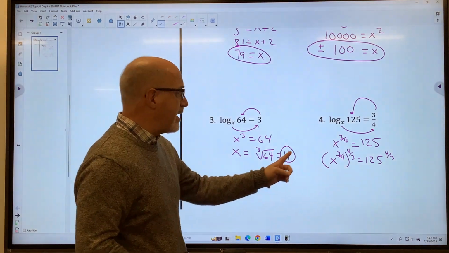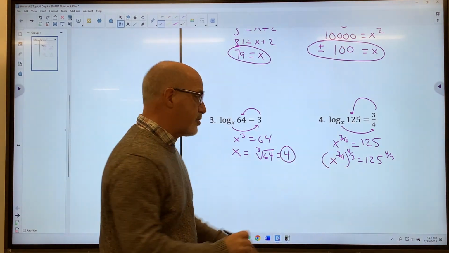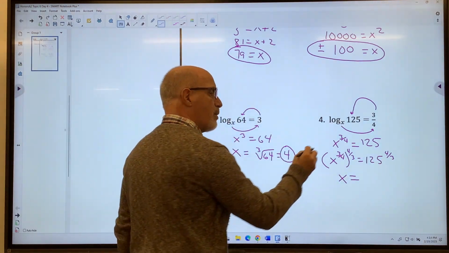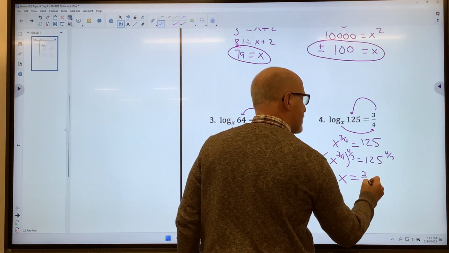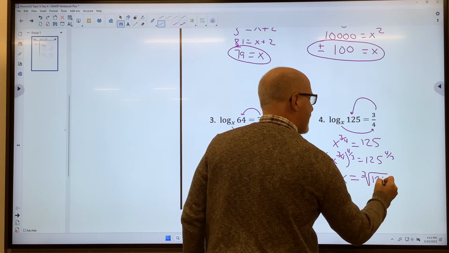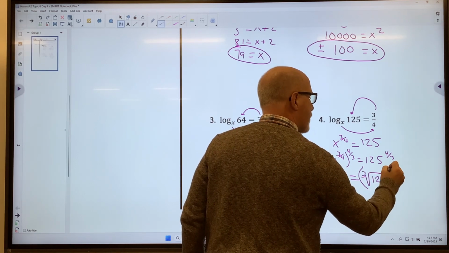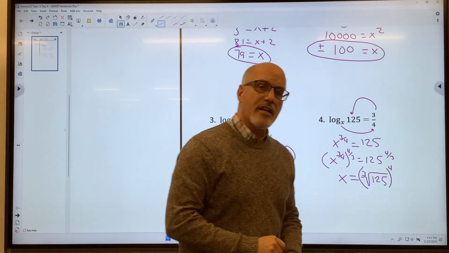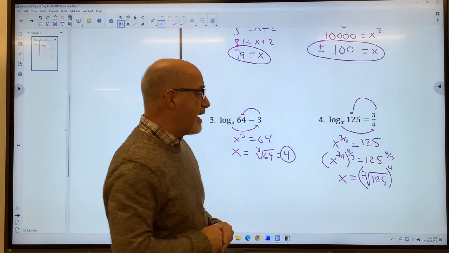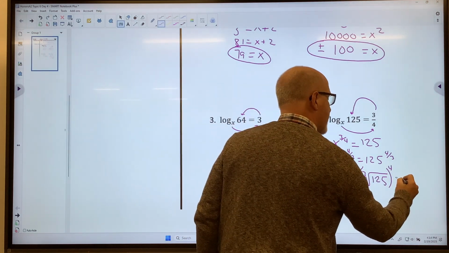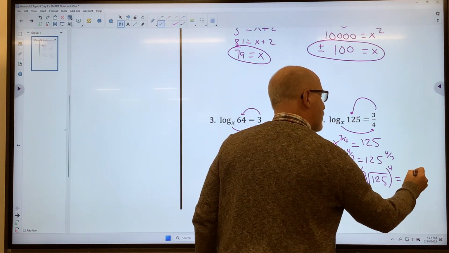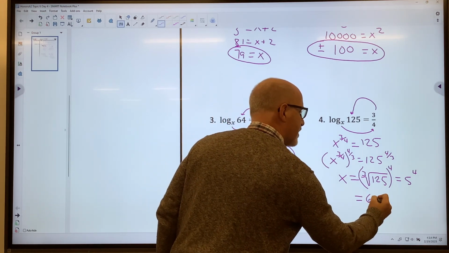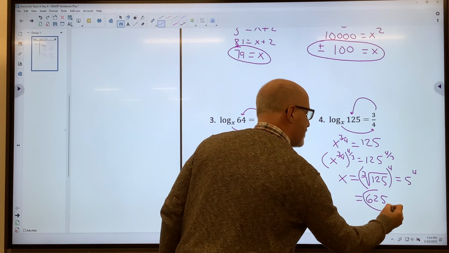Once we've got that, 3/4 times 4/3 is just 1, so you have just x. This means, if you remember, we're going to take the cube root of 125, and then put it to the 4th power. The denominator is the index, the numerator is the exponent. So we've got the cube root of 125, which is 5, put it to the 4th power, and 5 to the 4th power is 625. So that is our answer.